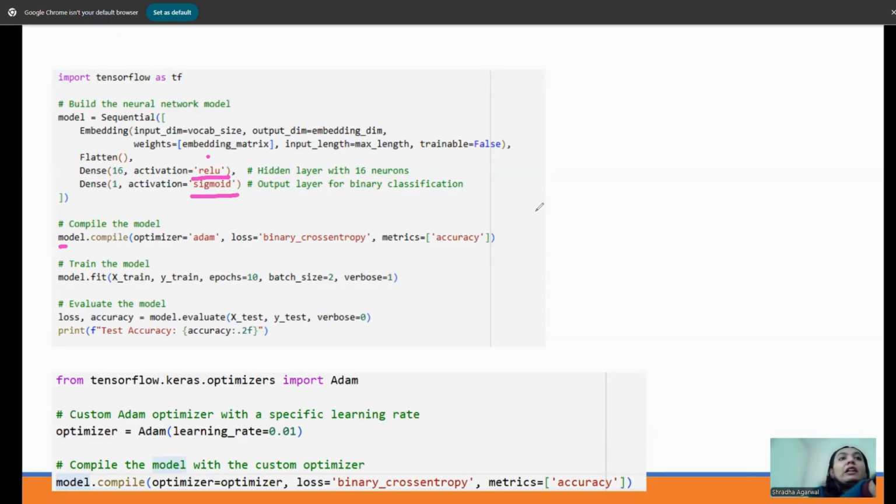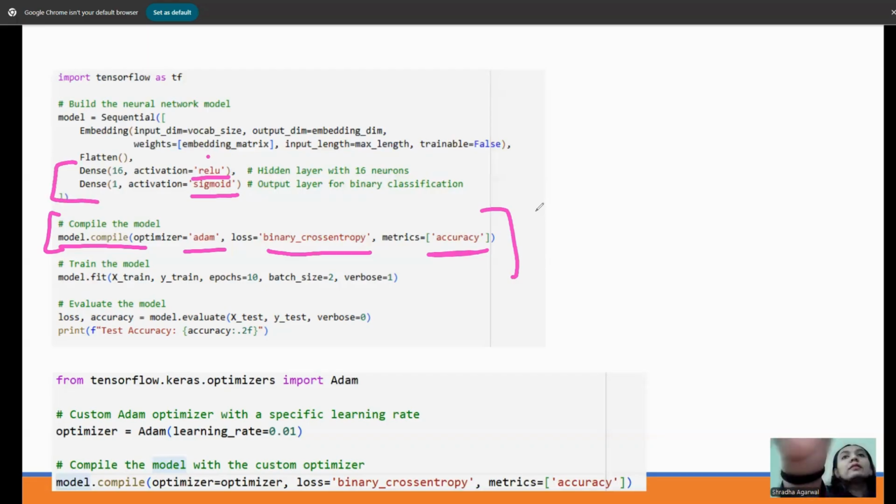Then you have the model.compile, you have Adam, and we are using binary cross entropy. And we have a metric called accuracy. Once you have your model trained, how is accuracy determined? We can talk about false positive, false negative, true positive, true negative.